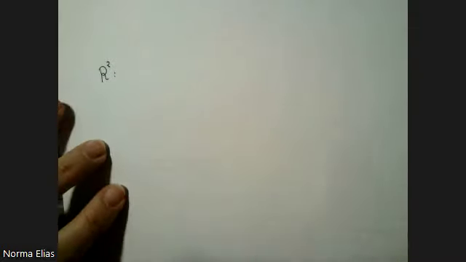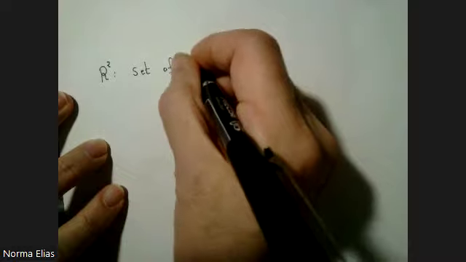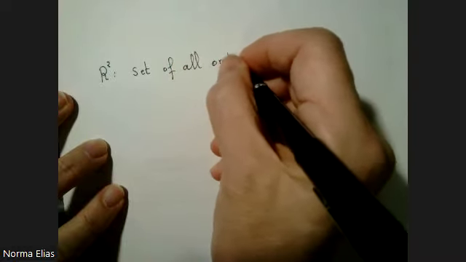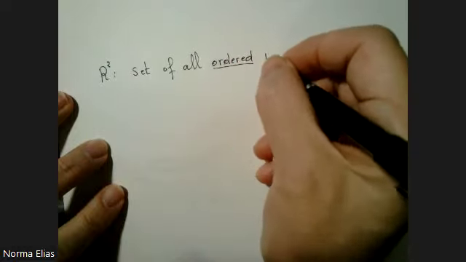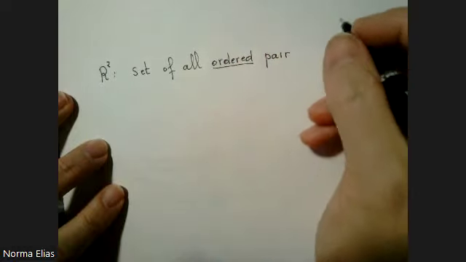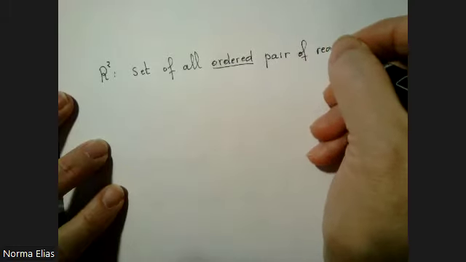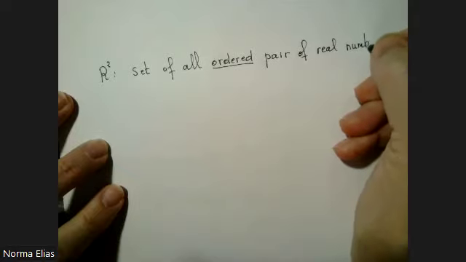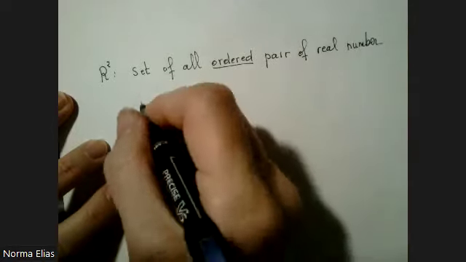Now, algebraically, what is R2? My definition is purely the algebraic definition. R2 is also a collection of objects. What objects are in R2? R2 is the set of all ordered pairs of real numbers.